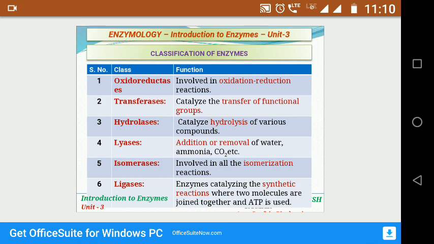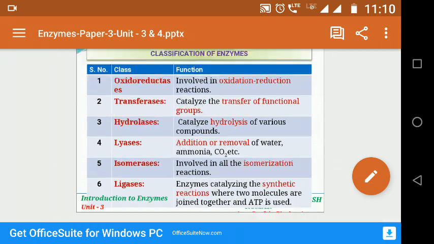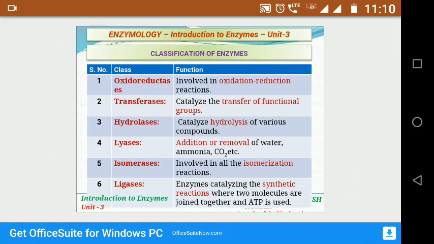Some of the enzymes which transfer hydrogens or electrons come under the class of oxidoreductases. They do both oxidation and reduction reactions, and the class is oxidoreductases. Lactate dehydrogenase, alcohol dehydrogenase, all these enzymes come under the class of oxidoreductases.